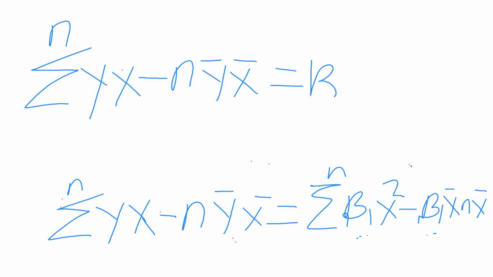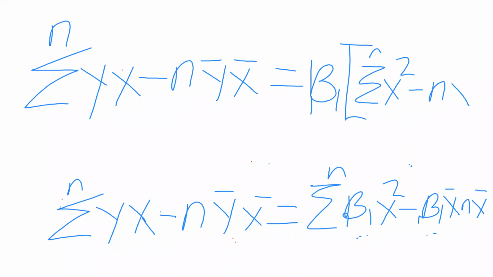So beta 1, then we open the bracket. We'll remain with the summation of x squared, here, minus n x bar squared. There are 2 x bars, so this time it will be x bar squared, isn't it? Do you agree with me?